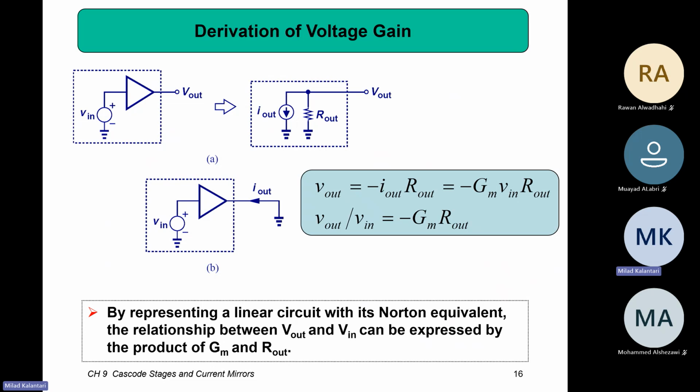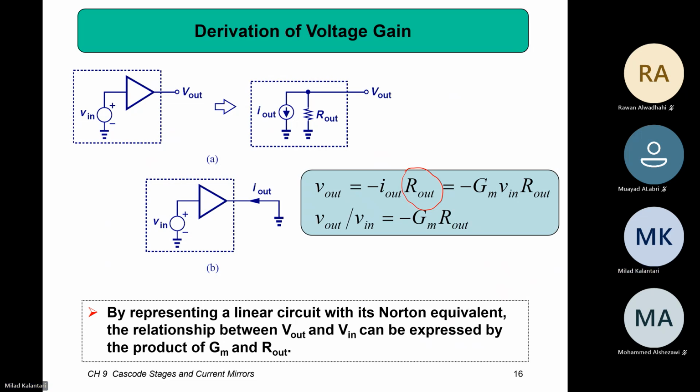So if you know the GM of the device or the structure, then you can actually calculate the voltage gain by just multiplying the GM by the R out of that section. So this is one way to calculate the gain of the device.